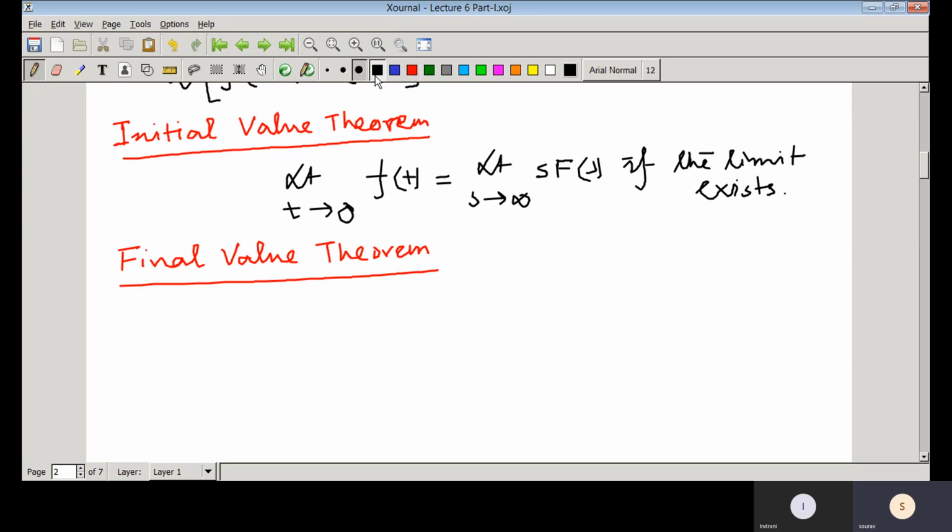So for the final value theorem, you need to first check whether this function sF(s) is analytic or not.